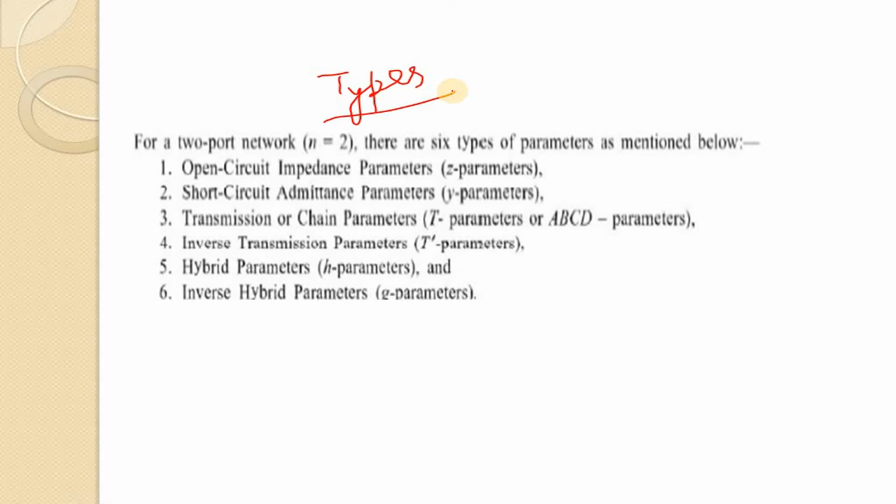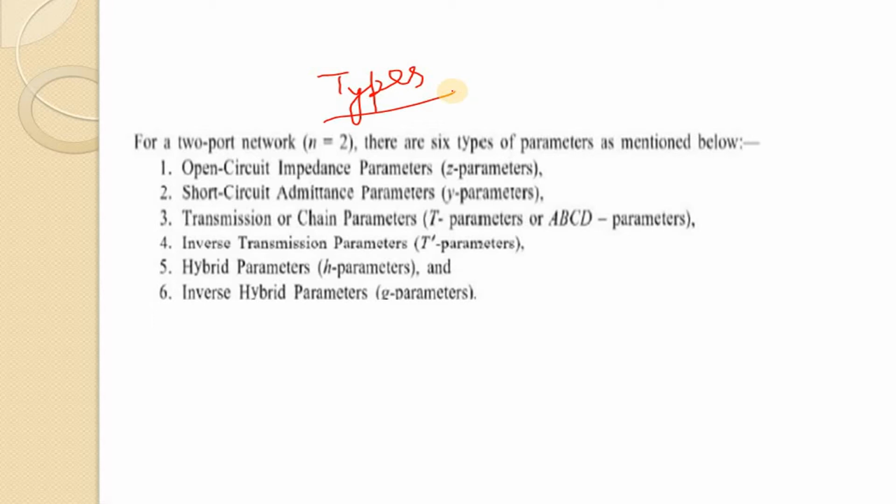Second, short circuit admittance parameters, also called Y parameters. Third, transmission or chain parameters, also known as T parameters or ABCD parameters. Fourth, inverse transmission parameters, that is T inverse parameters. Fifth, hybrid parameters or H parameters. And sixth, inverse hybrid parameters or G parameters.